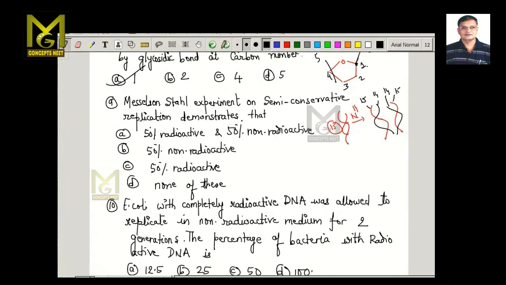So 50%, that is half of this strand, is radioactivated, and half of this strand is non-radioactivated nitrogen, and this is radioactivated nitrogen. So the correct answer in this case has to be A.